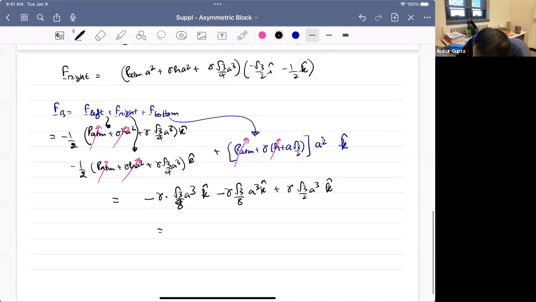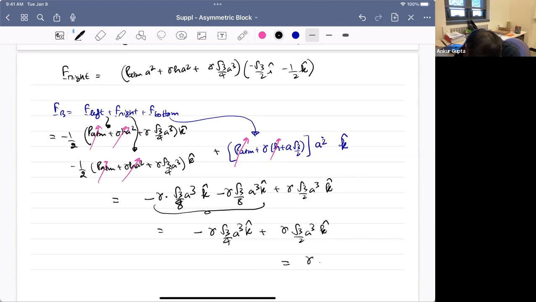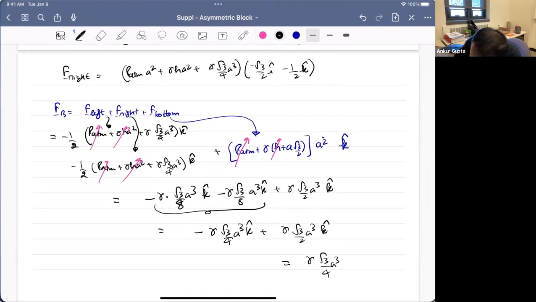And so if I sum them, this becomes minus gamma root 3 by 4 A cubed k cap plus gamma root 3 by 2 A cubed k cap. And finally, this becomes gamma root 3 by 4 A cubed k cap.